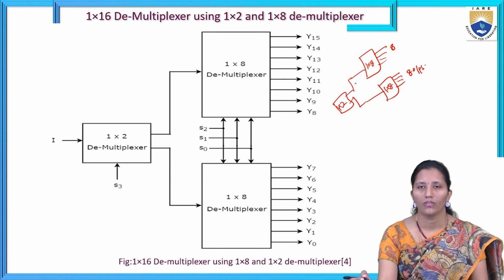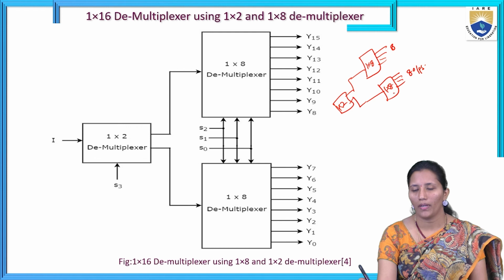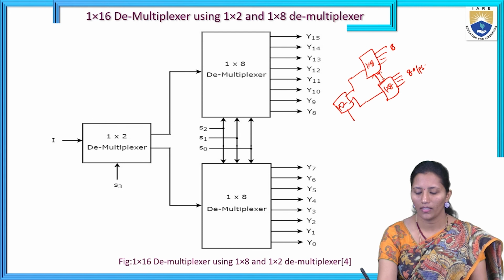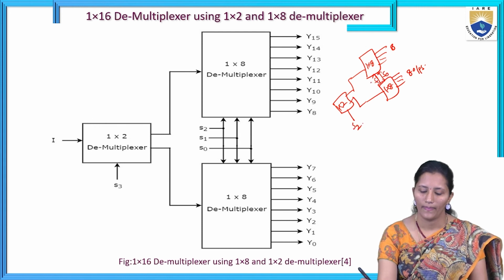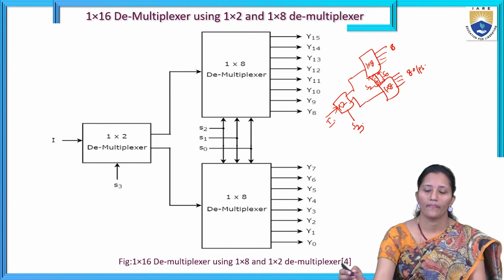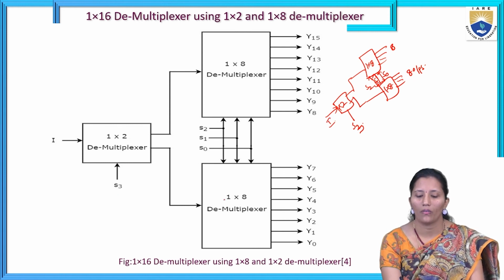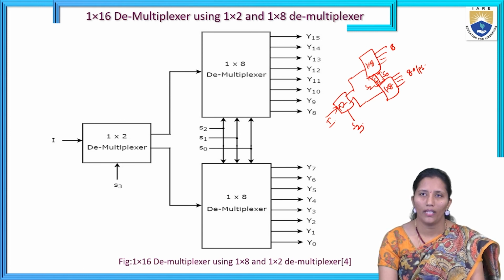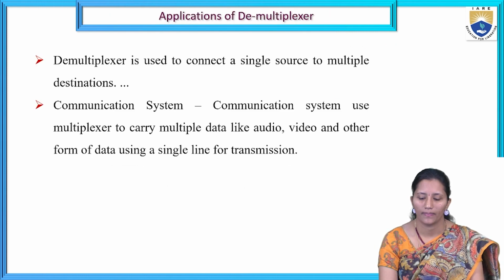So these two inputs to the 1 to 8 demultiplexers are given from the 1 to 2 demultiplexer. Here the selection lines for these two are S1 and S0. Here we have S2, so 3 selection lines we have: S2, S1, S0. This is S3, and we have one input, that is I. Okay. So like that we have to realize the demultiplexers using 1 to 2 and 1 to 8 demultiplexers.